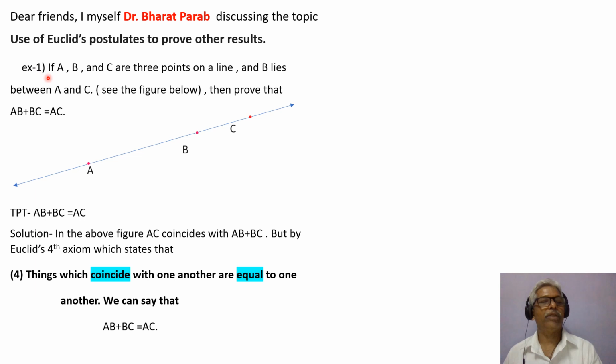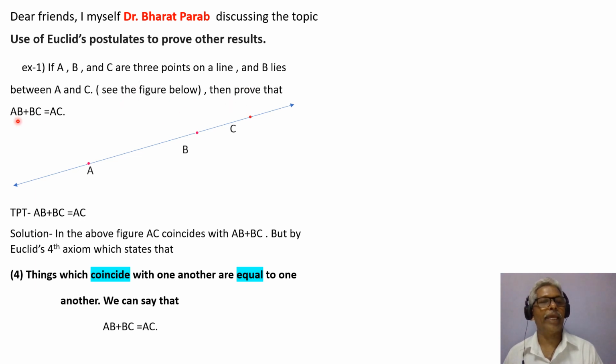So, example one, read this very carefully. If A, B, and C are 3 points on a line, and B lies between A and C, see the figure below: A, B, C. So B lies between A and C. That is what is given.